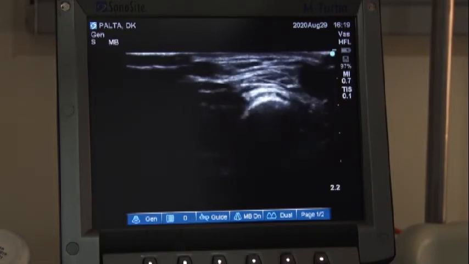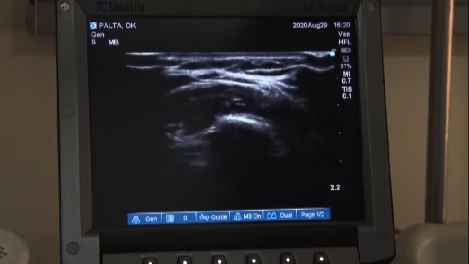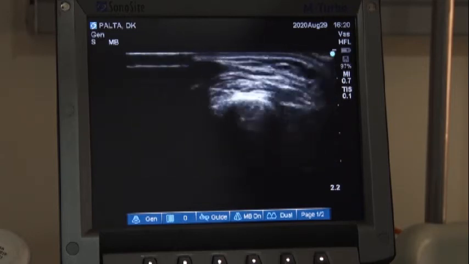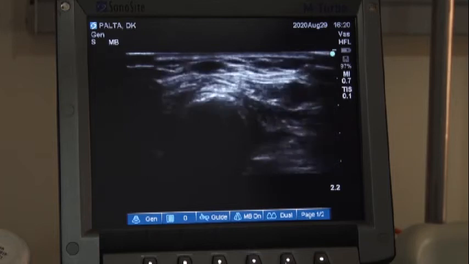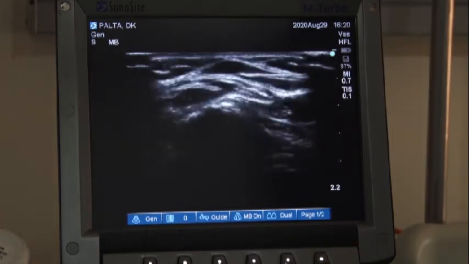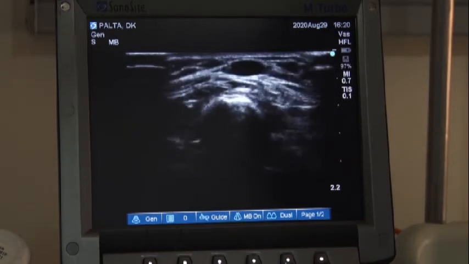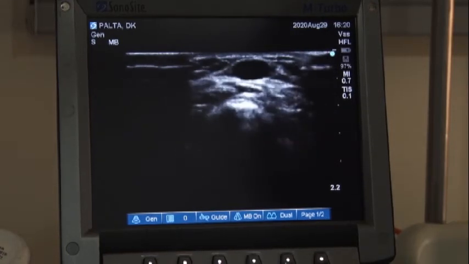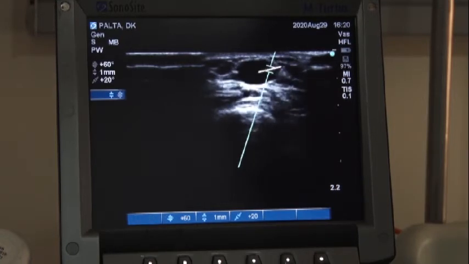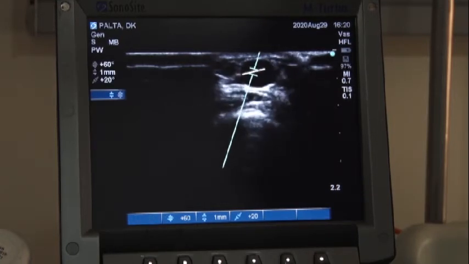Then this vein actually joins this, the main body of the fistula now. We have reached around 5 centimeters from the anastomosis. So I'll check the flow and the peak systolic velocity of this segment.